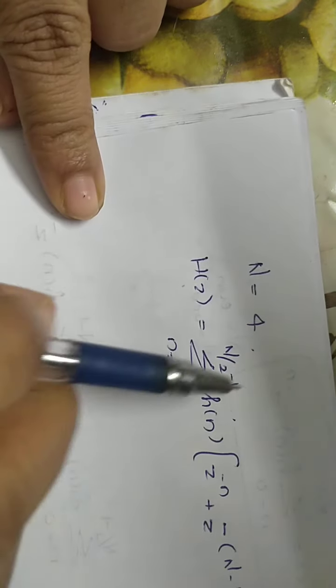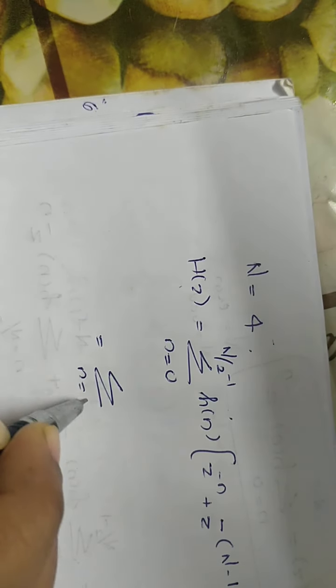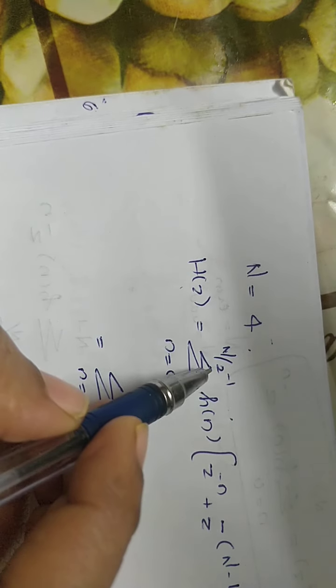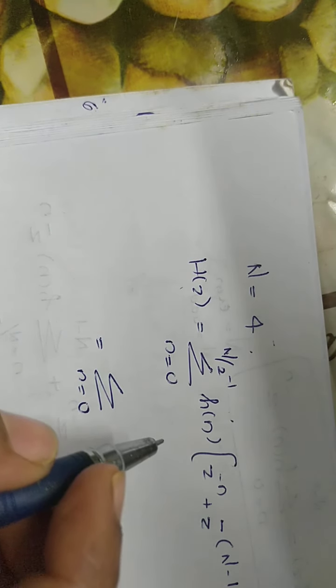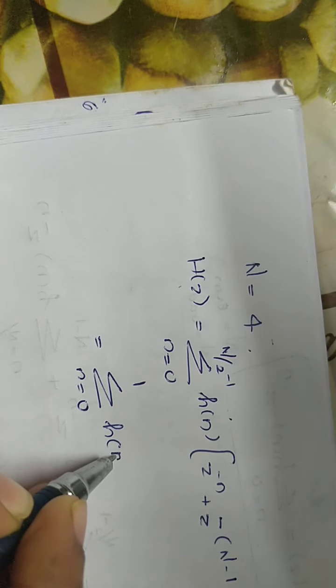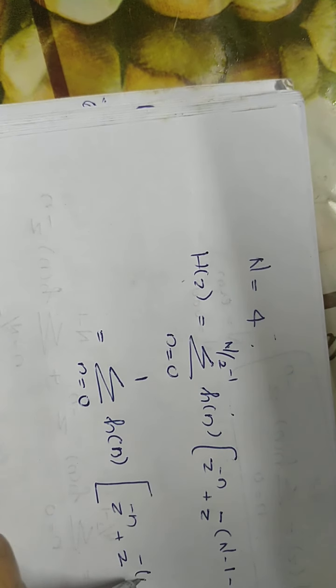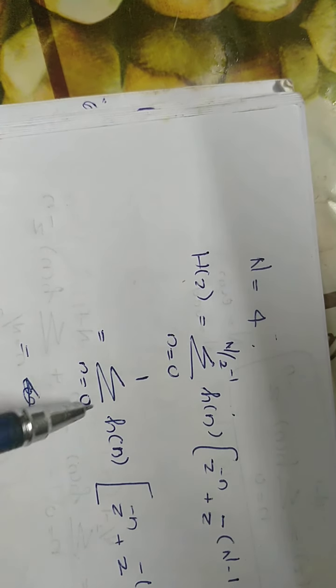So here capital N is equal to 4, then sigma n is equal to 0 to 4 by 2 minus 1, that means 1, h of n, z raised to minus n plus z raised to minus of N minus 1 minus n, which is equal to, what is the first value? n is equal to 0.